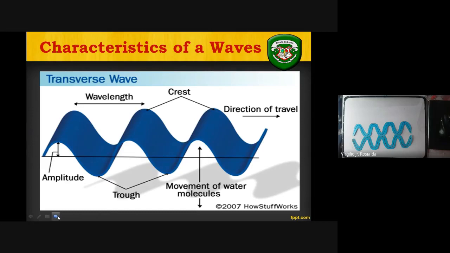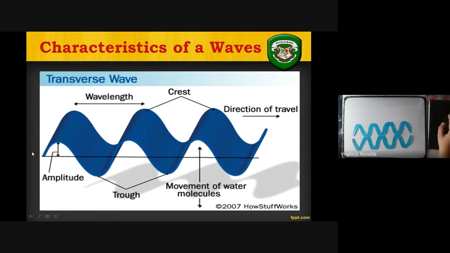So we classify all electromagnetic waves as transverse waves and not longitudinal waves. So technically, an electromagnetic wave has amplitude, has wavelength, has crest, has trough, and it is propagating and traveling something like this one in the illustration.